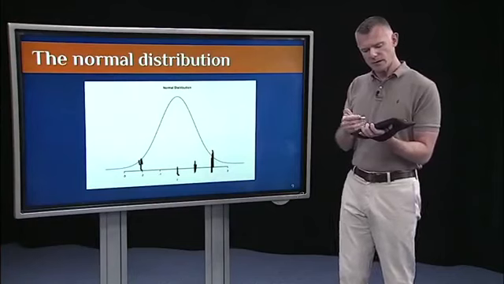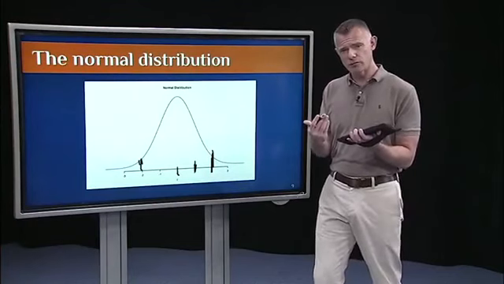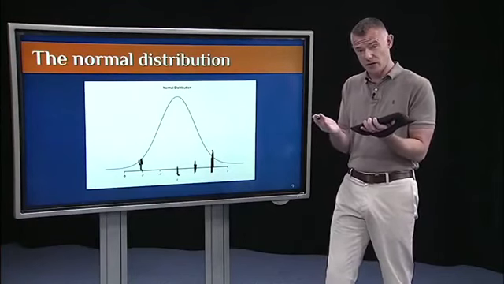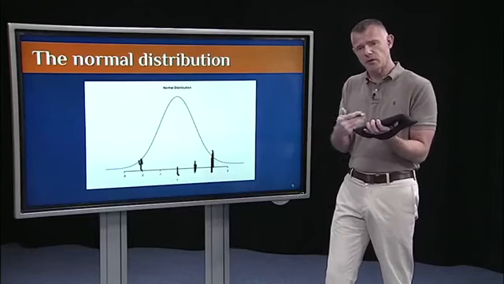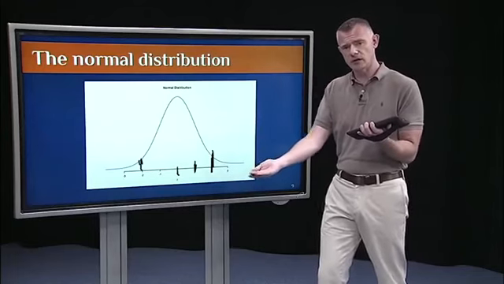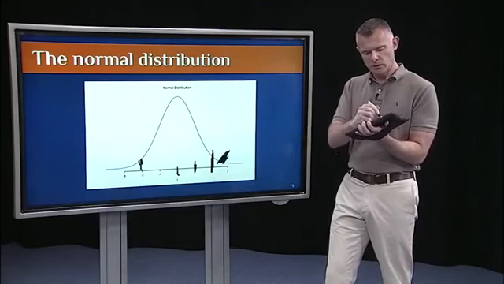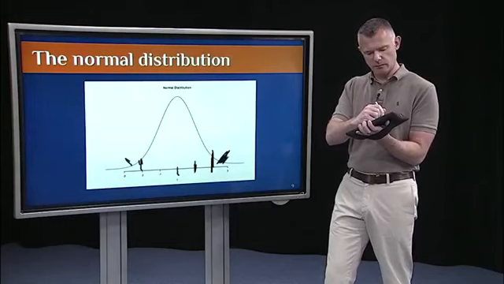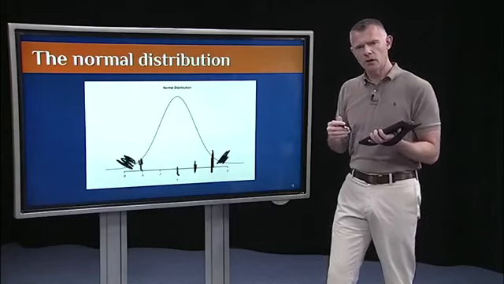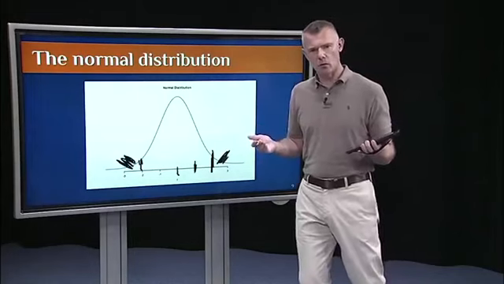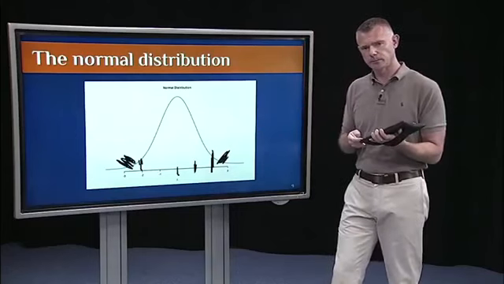The other thing to notice is the majority of the distribution falls within 2 standard deviations of the mean. So if you're 2 standard deviations above the mean, up here, or 2 standard deviations below the mean, down here, you're a pretty extreme score in a normal distribution.